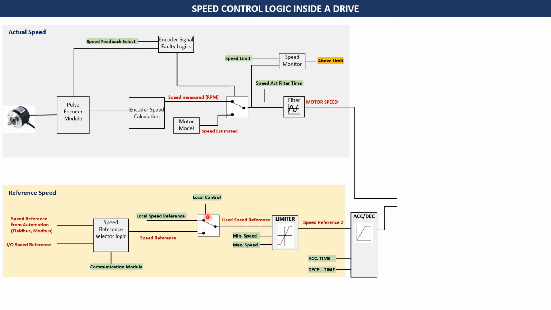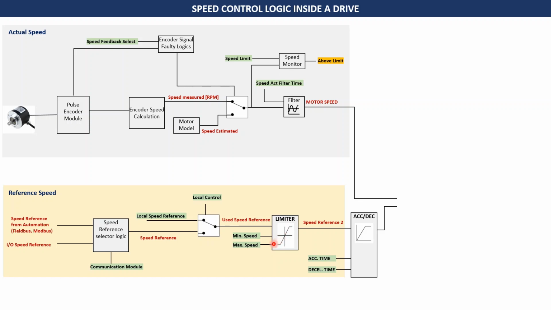But for our further explanation, we will always consider that there is a PLC and the speed reference is being received from a PLC. Now this goes further as the used speed reference, and then there is again a limiter block in which you can set parameters for minimum speed and maximum speed. These are the limits that you want to set.